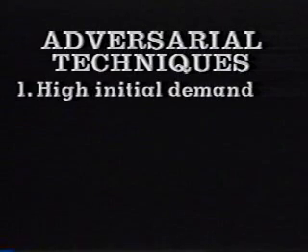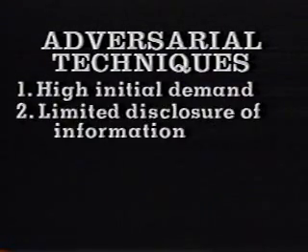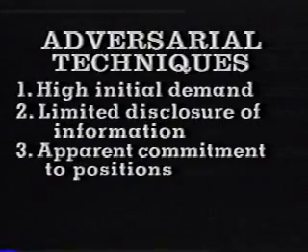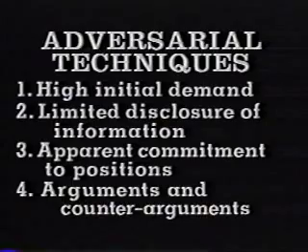Common adversarial techniques include an initial demand that is far removed from what the negotiator expects, limited disclosure of information about facts and one's own preferences, an apparent commitment to positions during the negotiation process, and the exchange of arguments and counterarguments. Many of these techniques are designed to mislead the opponent as to your true situation and positions, and to cause the opponent to lose confidence in his or her case.